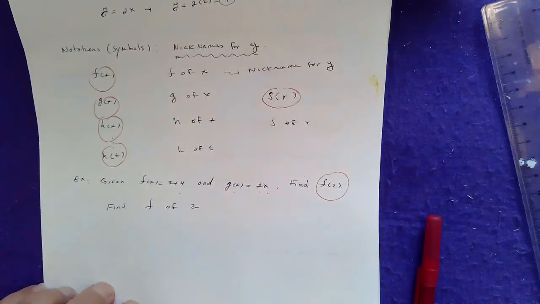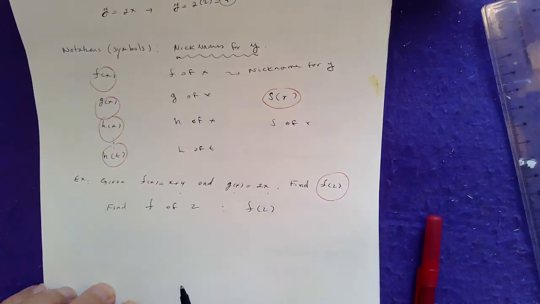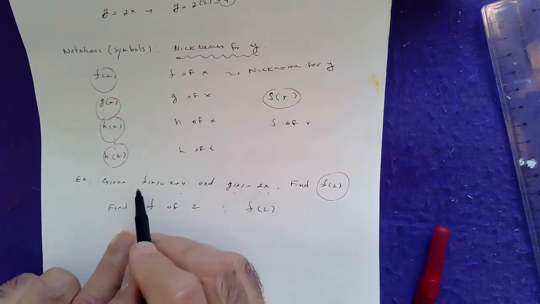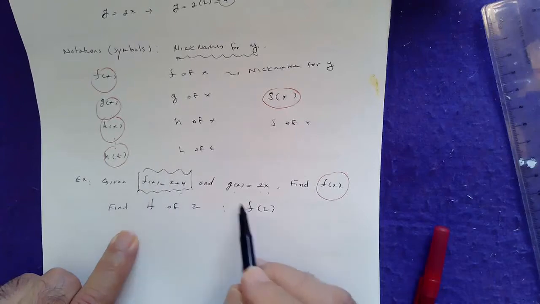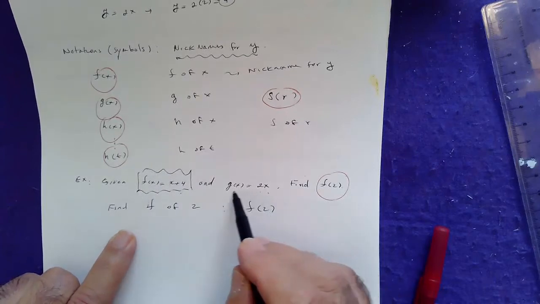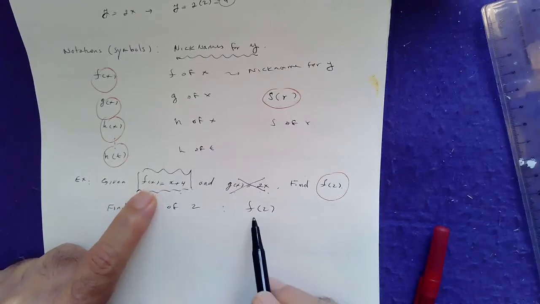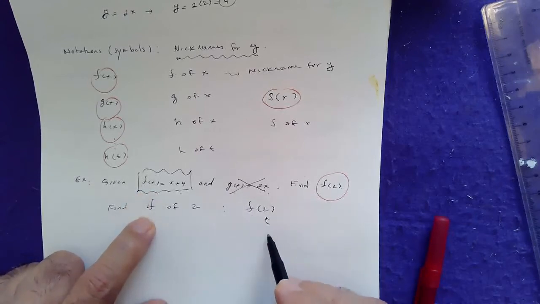What does that mean? F of 2 is just a nickname for y in this equation, because I mentioned the letter f, not g. So I'm not going to use this one. I'm going to go to the equation in the box because it says f, not g, and replace x with 2.